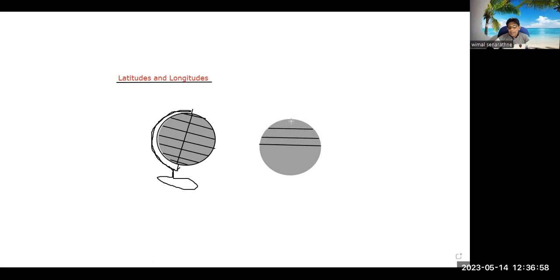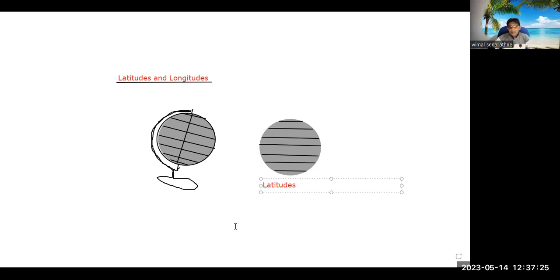What is the Sinhala meaning of latitudes? Akshans. In Sinhala we say akshans, latitudes, okay? These are latitudes. Then I will write here latitudes.